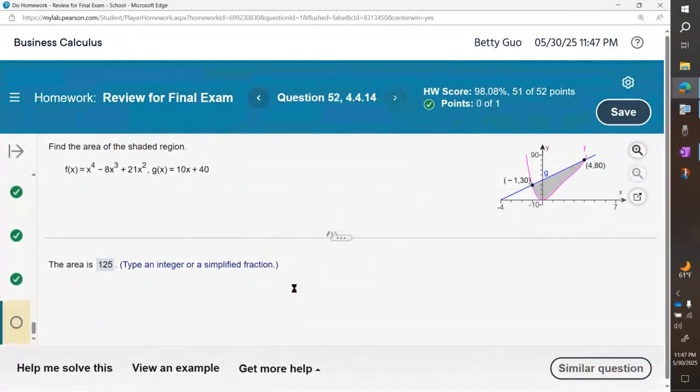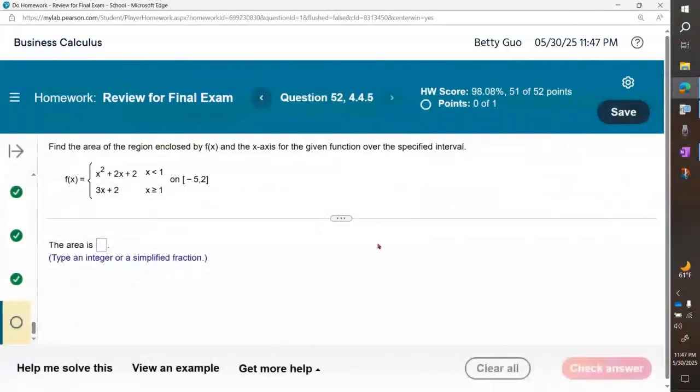Okay. Next is the last question. Number 52. Find the area of the region enclosed by f and the x-axis for the given function over the specified interval. It's piecewise.